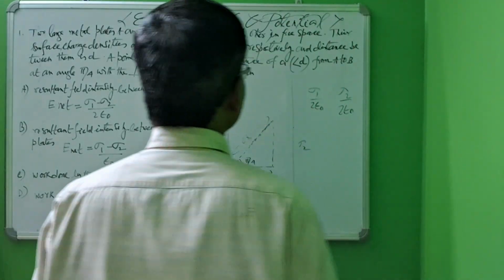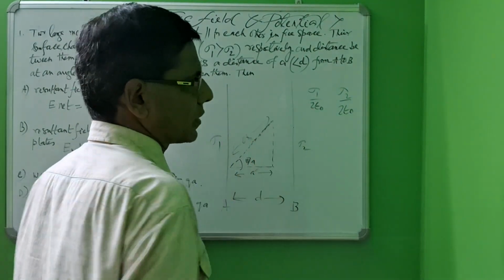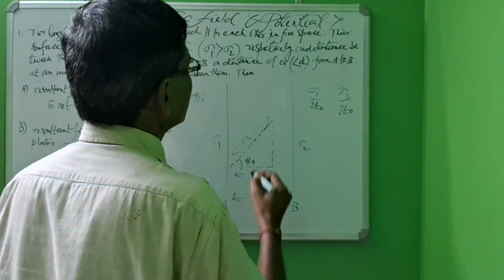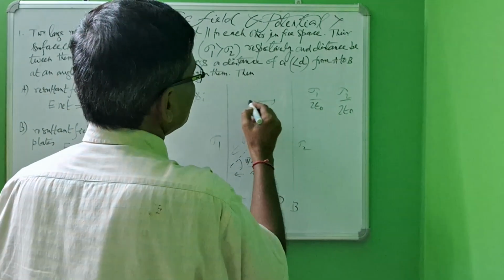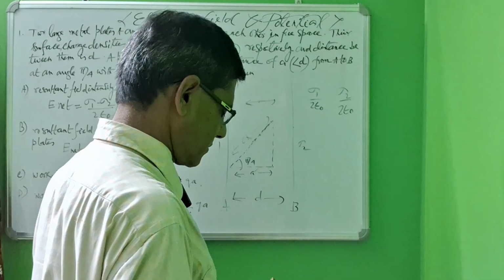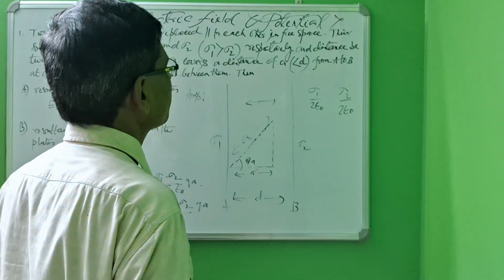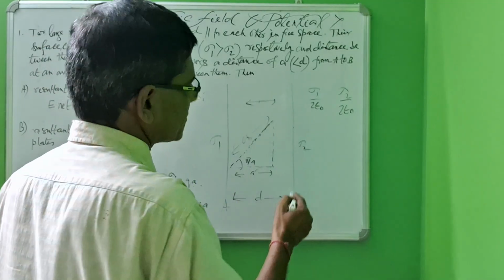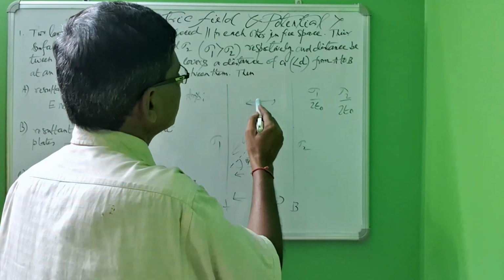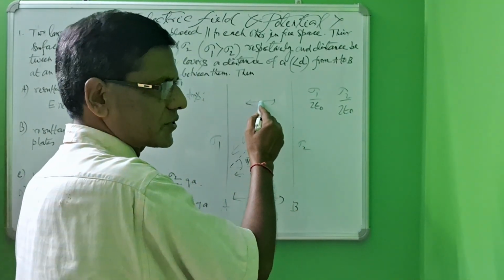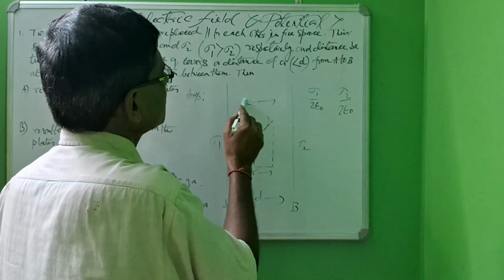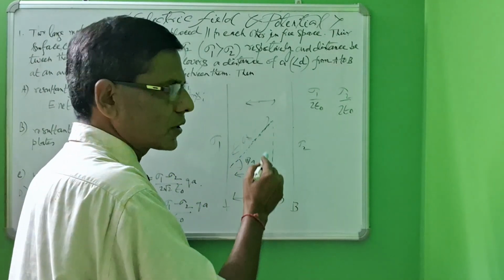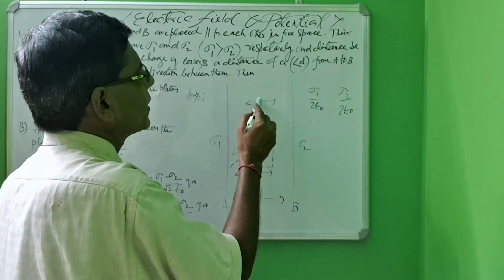But in between these two plates, suppose here is a point P. This point faces two opposite forces. If this is positively charged and this is also positively charged, then a unit positive charge placed here is repelled by this and also by this, so there is an opposite force at that point.